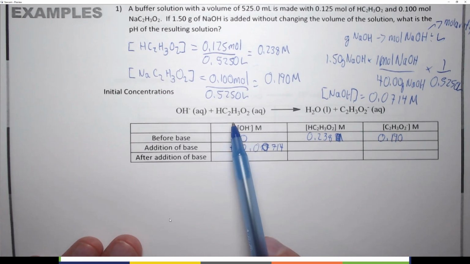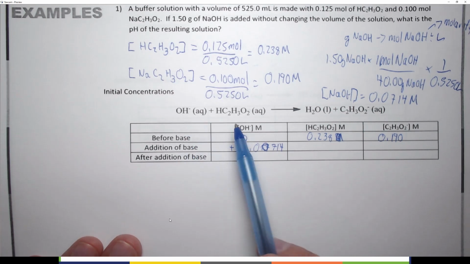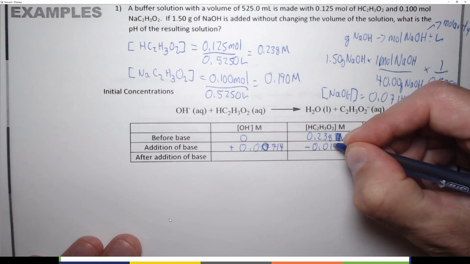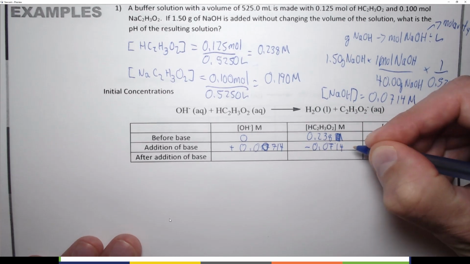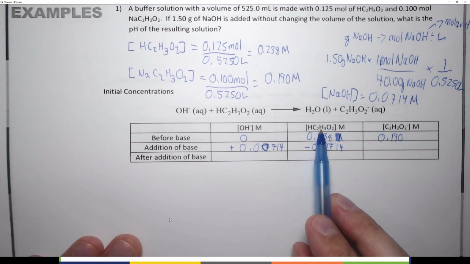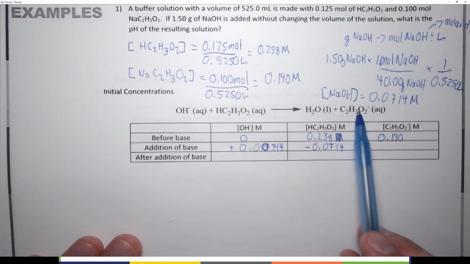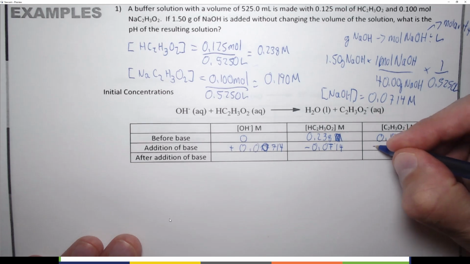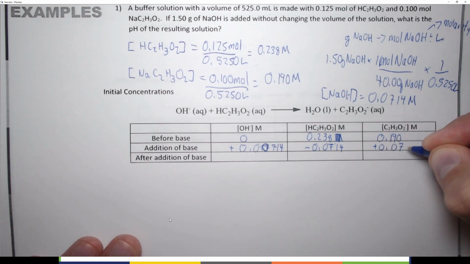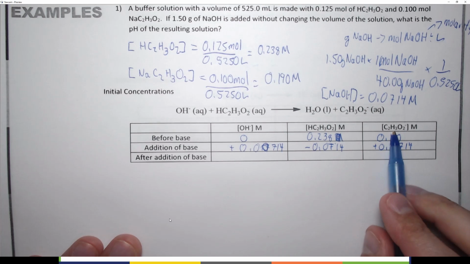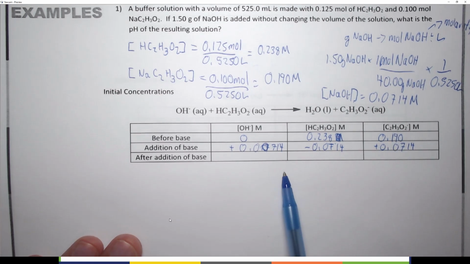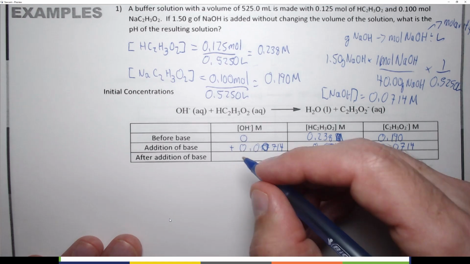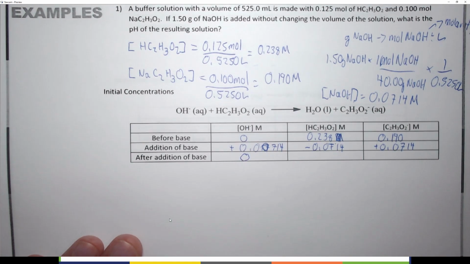The acid is going to get used up. And since they're 1-to-1, I'm going to lose 0.0714 molar of the acid, and I'm going to get extra of the acetate, the conjugate base. So I'm going to add 0.0714 molar acetate. After, the final concentration of OH minus is 0.